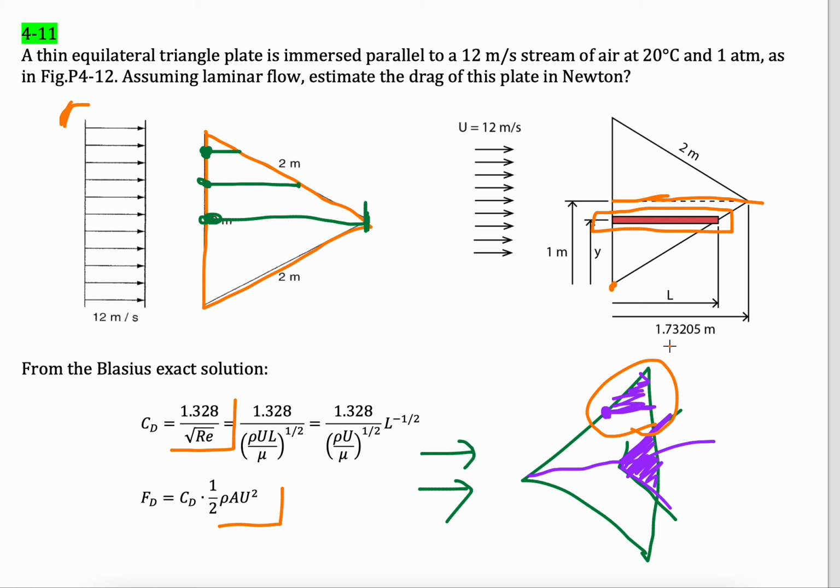The length is 1.73205 meters, and the height here is 1 meter. I think you can easily understand by looking at this dimension. The full height is 2 meters. Because the length here is the same, the angle here is 60 degrees, so you can calculate all of these numbers.